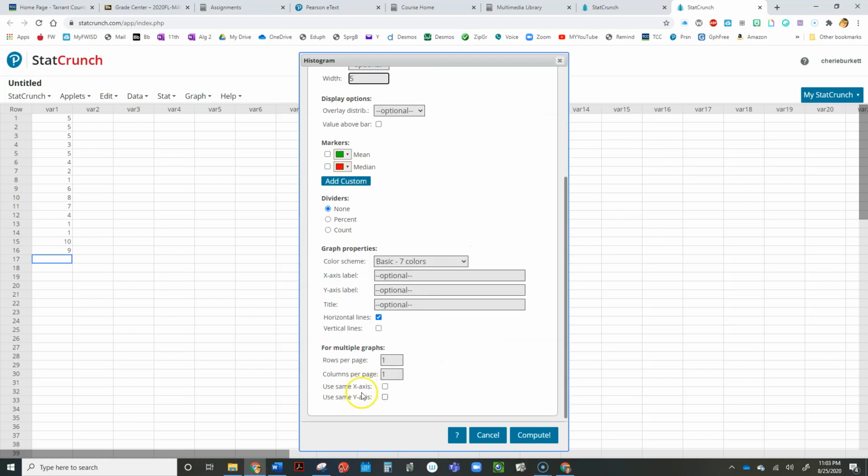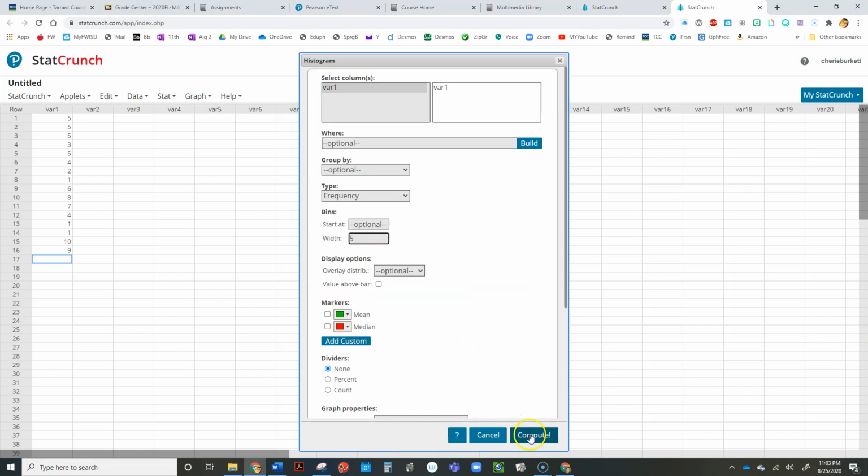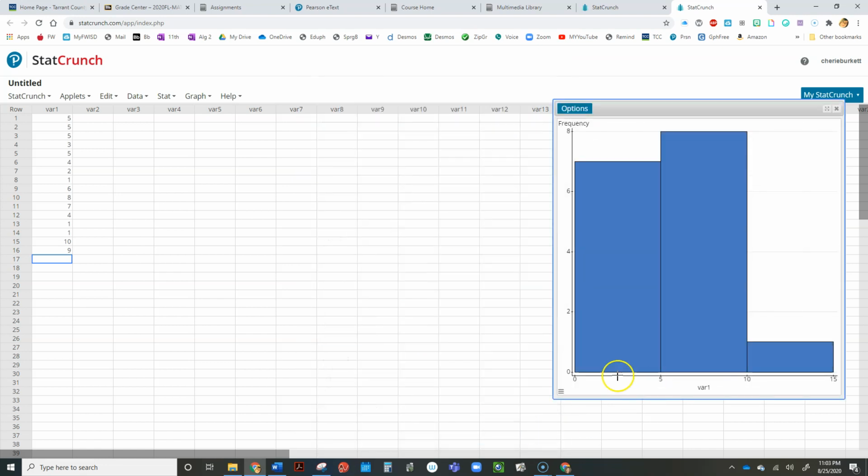Everything else, I just kind of leave the way it is, and then I press compute. Now, that's interesting because we did 5, and it gave me 3 classes, not 2. I don't know what happened right there.